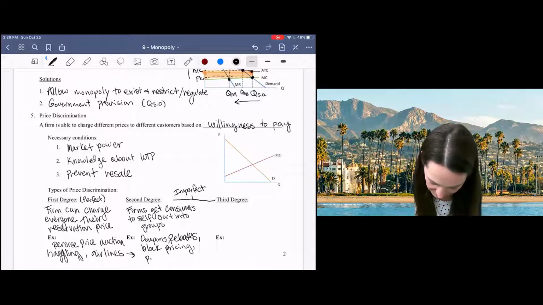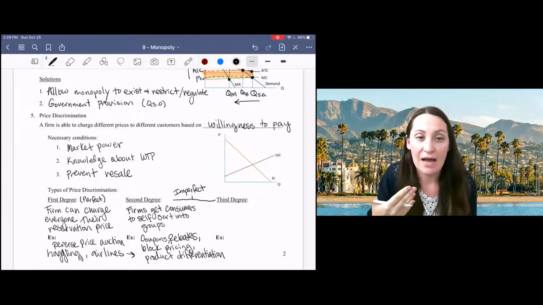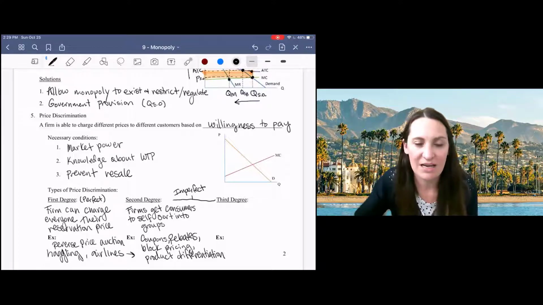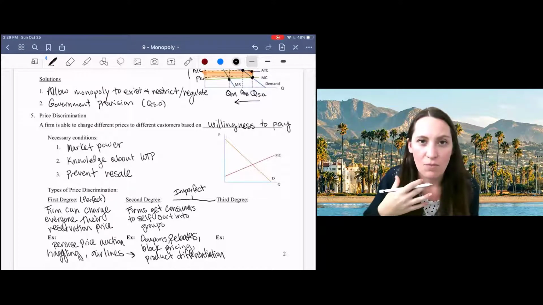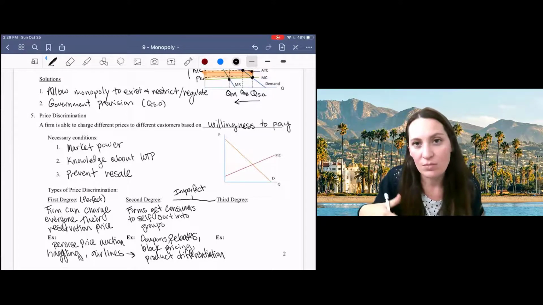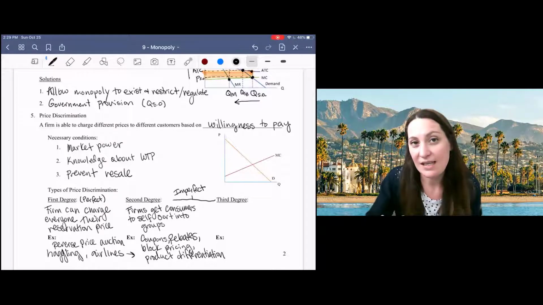product differentiation. So if you have a product that comes in some cool colors and some not cool colors, so this happens sometimes with electronics or stand mixers, right? Like, you can sort the consumers into groups based on willingness to pay just by making the products very slightly different.